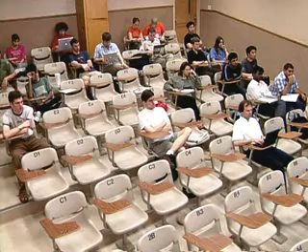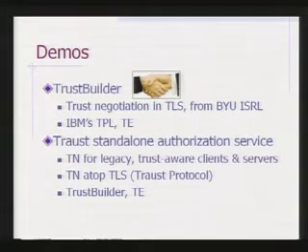And this demo is brought to you by my colleagues at Brigham Young University Internet Security Research Lab in Kent Seamons' group. TrustBuilder uses IBM's trust policy language and trust engine software internally, and you'll see how that fits into the overall agent on my next slide.